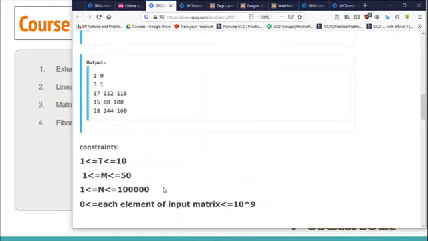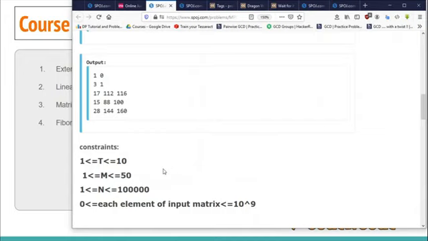We cannot calculate it in linear time because matrix multiplication is actually an n cube operation. If you are given an n cross n matrix, then a single multiplication of two n cross n matrices takes n cube time.